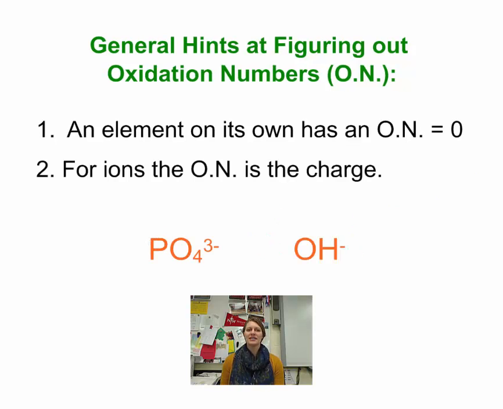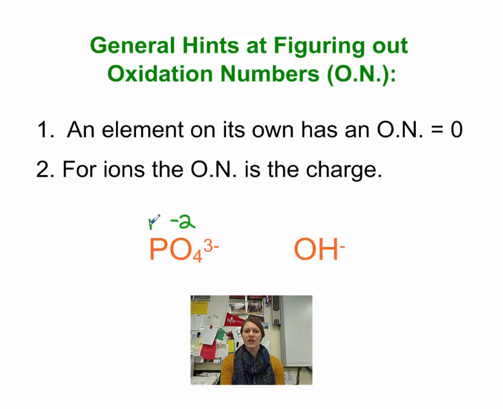Second one, for ions, the oxidation number is the charge. So if there is a compound that has a charge listed, such as these polyatomics, then the oxidation number is that charge. And we can figure out some of the individual oxidation numbers within here. So oxygen is going to have a -2, and there's 4 of them, so that's a total of a -8.